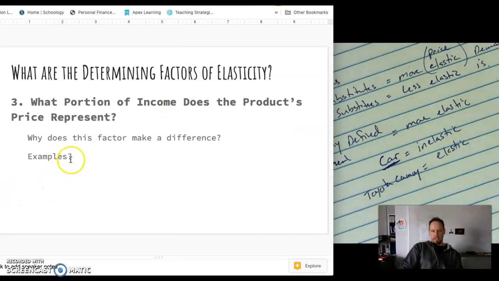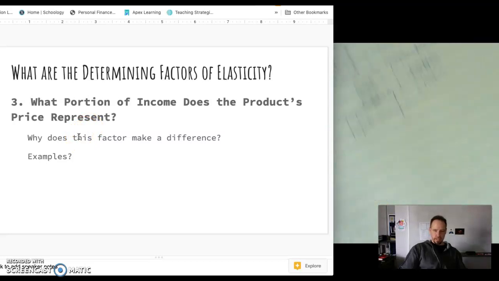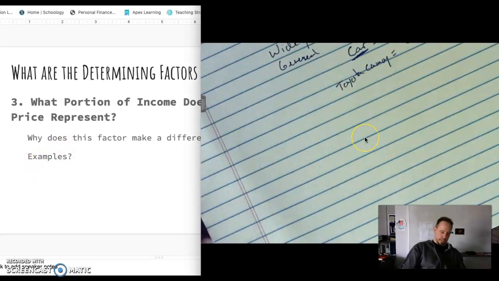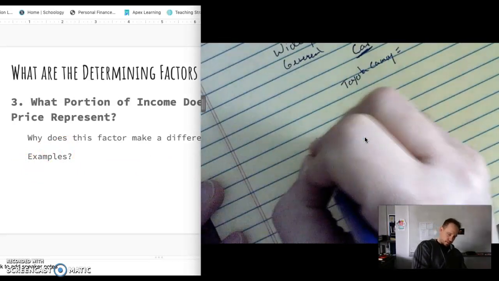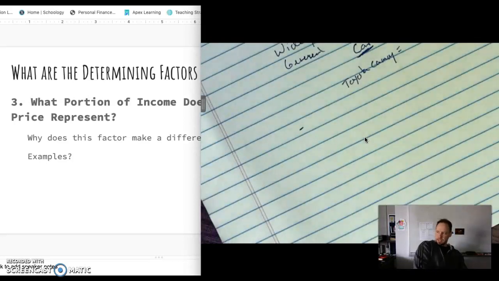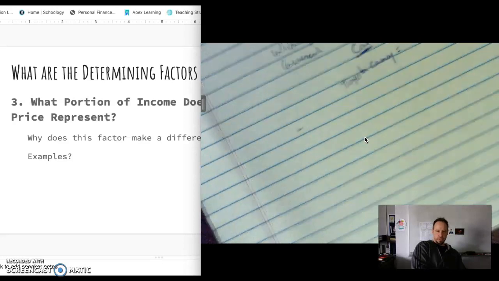The third factor: what portion of income does this product's price represent? So why does this factor make a difference? Let me give you an example. My daughter, being home here, cooped up, loves to bake. She told me, Dad, you need to go to the dollar store and get me some salt.